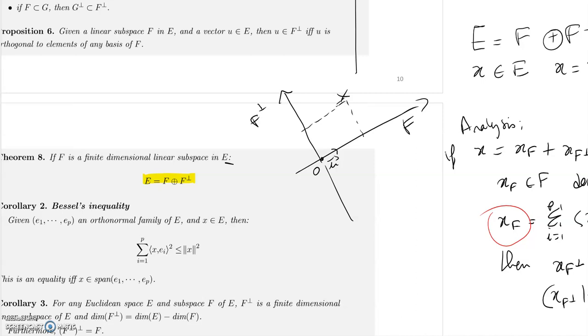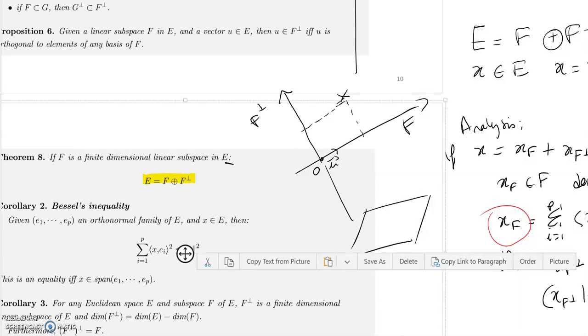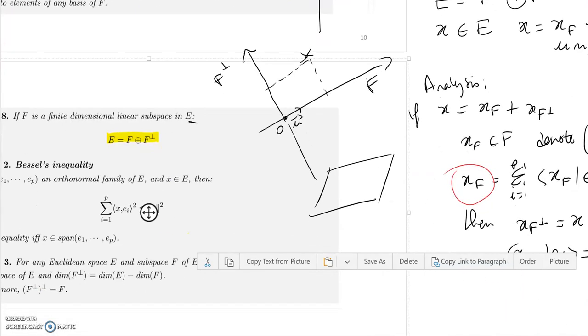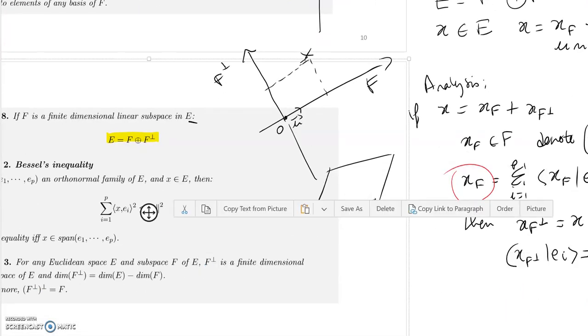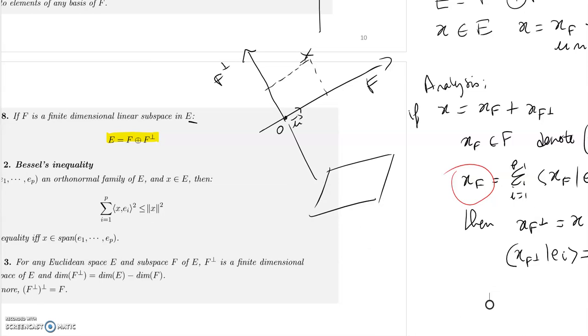Okay, or in R3, some kind of stuff, you've got a plane of dimension 2. So this one has those two directions, and we already saw that its orthogonal would be the normal vector to that plane.